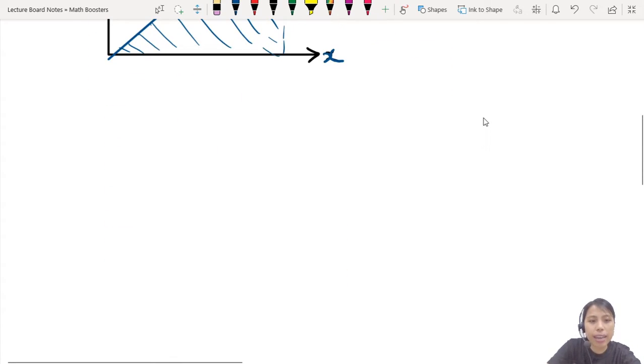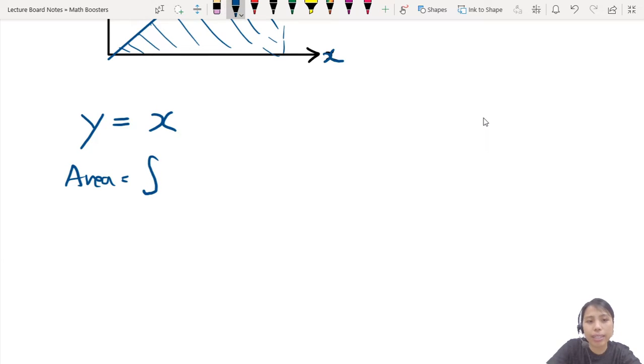If I have a function, let's say x, and I want to integrate it, which means if I have a graph y equals x, I integrate it to find the area under that curve. So integrate x with respect to what? x is my only variable here, so dx.